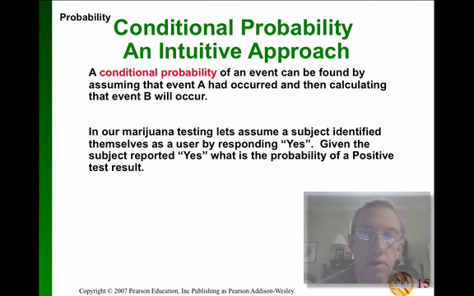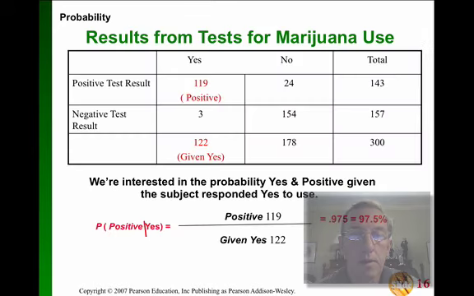Now let's put a third condition in there, and a conditional probability statement is its name. If I give the condition of yes to usage, what's the likelihood they'll test positive? This is a different question than we answered previously. Well, the probability of positive given, that's what that vertical bar means, given yes, and I'm going to put that given right underneath at 122, is simply 119 divided by 122, or 97.5%.